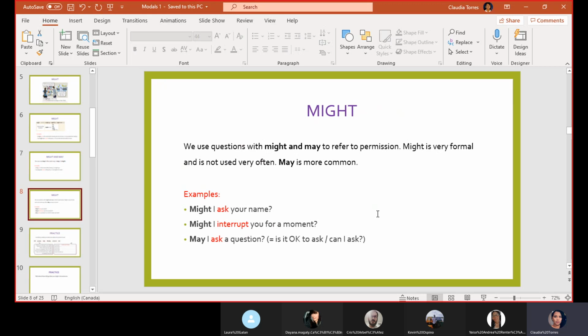we actually use might and may for questions when you are referring to permission. Might is very formal. It's very formal and it's not common.